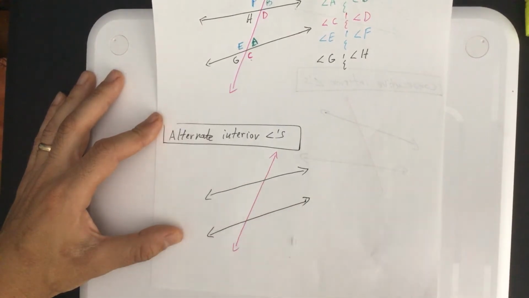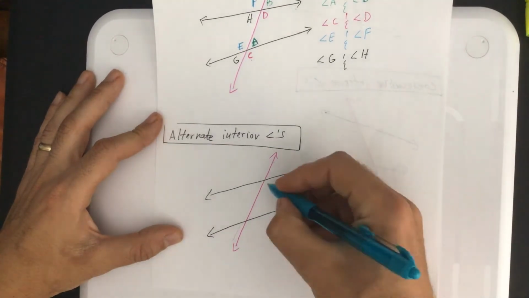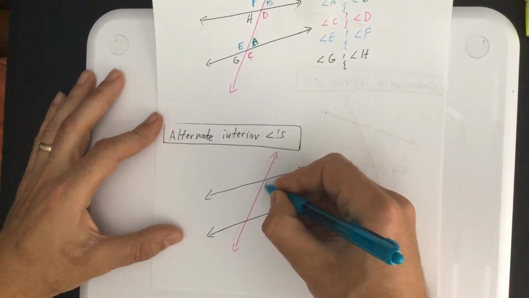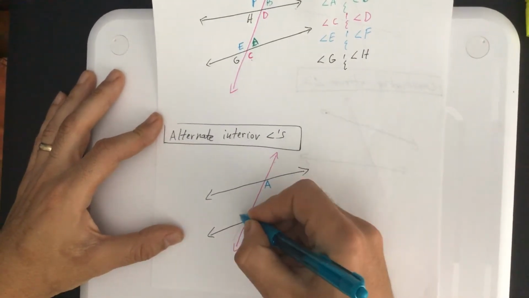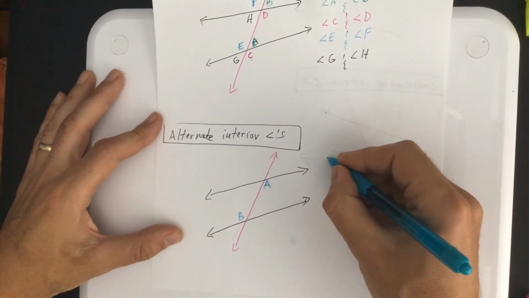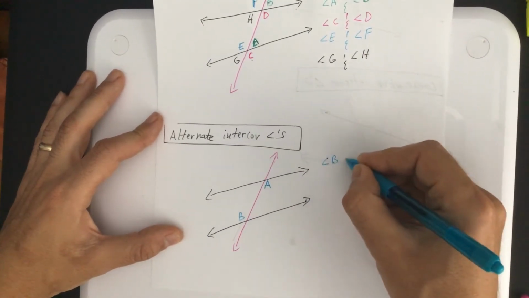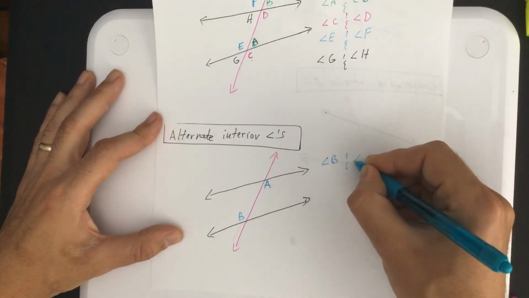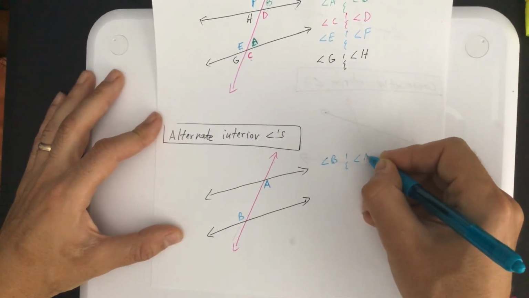Alternate interior means we're alternating across the transversal. In this case, let's call this one angle A and this one angle B. These two are alternate interior.